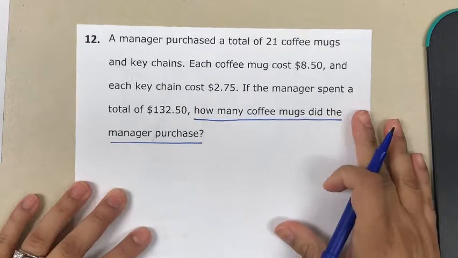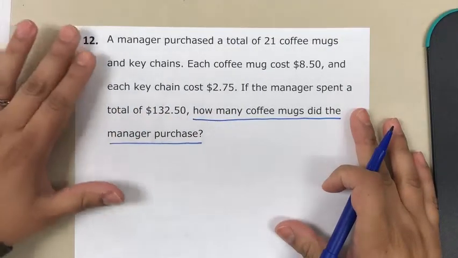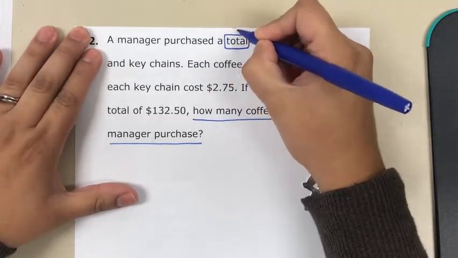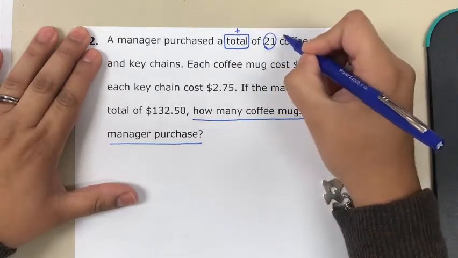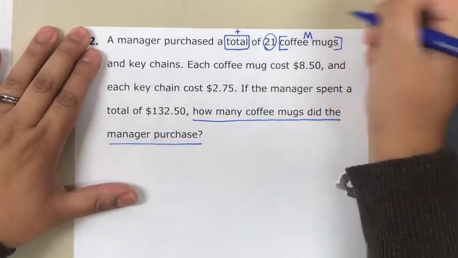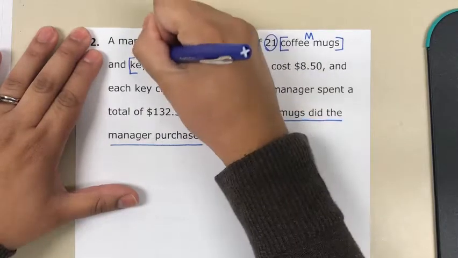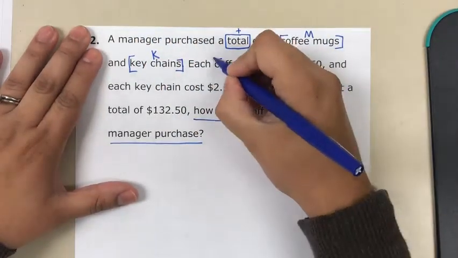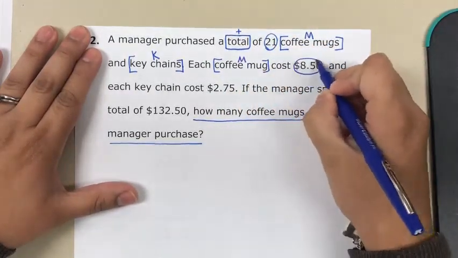Okay, I'm going to go through and annotate again. That was my first time through and I read it. Second time I'm annotating. So a manager purchased a total, we just talked about it, means adding, of 21. 21's important. Coffee mugs, I'm going to replace with the letter M. And keychains, I'm going to replace with the letter K. Each coffee mug, so talking about coffee mug again, costs $8.50.